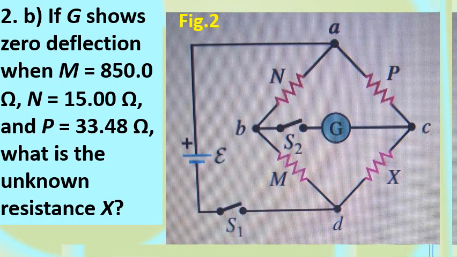And question letter B: if the galvanometer shows zero deflection when resistance M is equal to 850.0 ohms, resistance N equals 15.00 ohms, and resistance P is equal to 33.48 ohms, what is the unknown resistance, capital X?